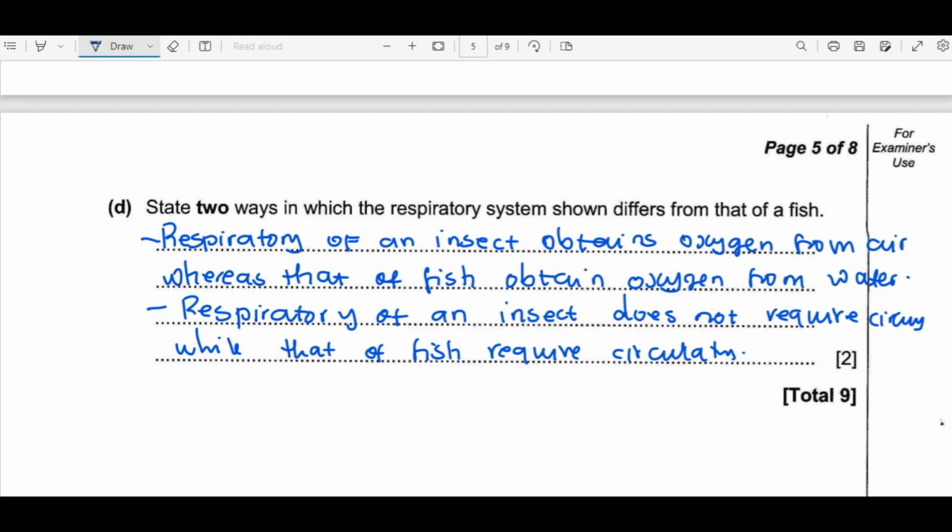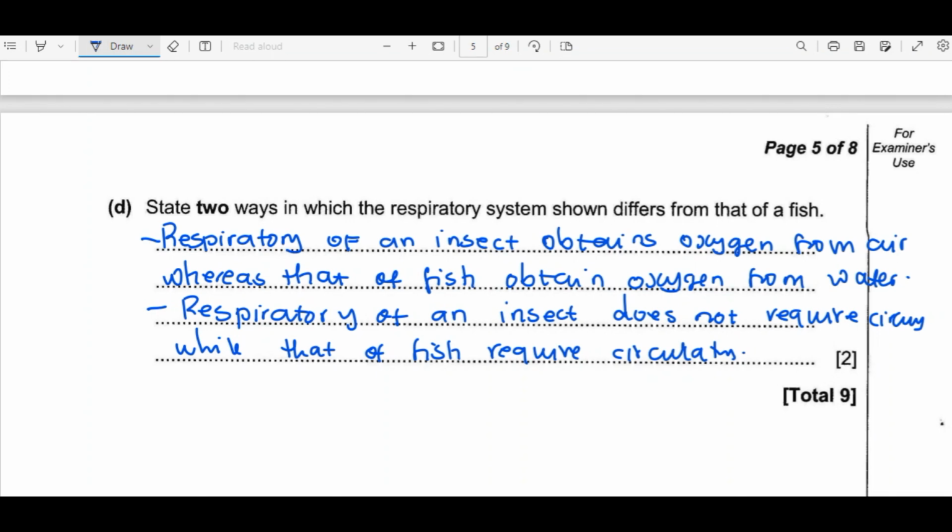So what this simply means is that for respiration in insects, the oxygen does not need to be transported by blood. After the oxygen has diffused into the insect, it will pass through the spiracle, then into the trachea, from the trachea into the tracheoles, then into the tissues, which are the cells. So there is no transportation.